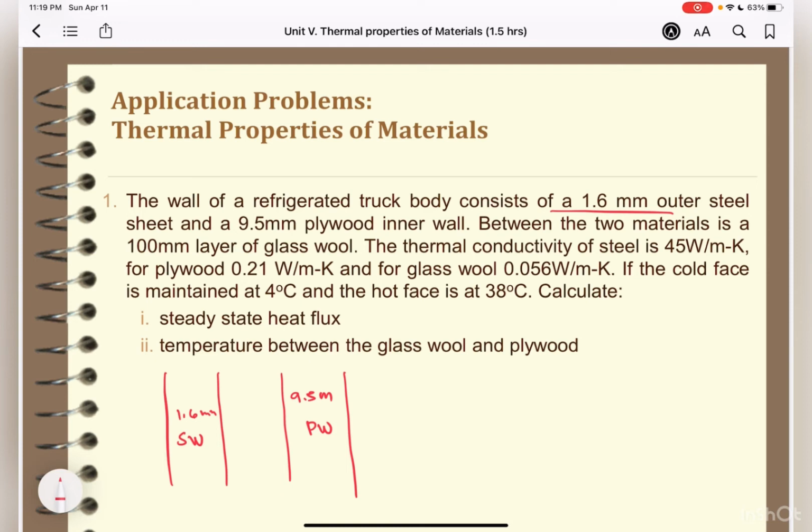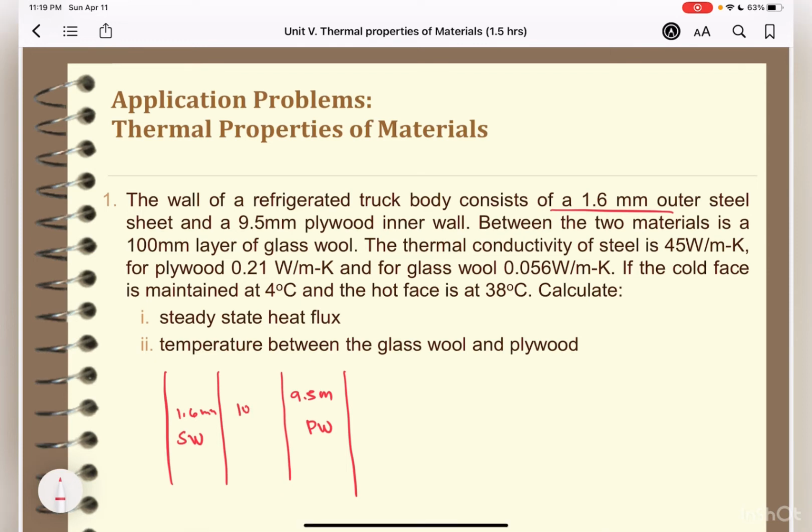Between these two materials is 100 mm glass wool. Okay, thermal conductivities are given. K of steel is 45 watt per meter Kelvin. K of your plywood is 0.21, and that of your glass wool is 0.056.